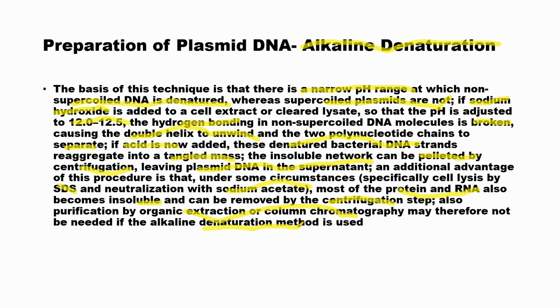The pure plasmid DNA will remain in the supernatant, and we don't have to go for further purification by organic extraction or column chromatography. Clear? That is about the first method, preparation of plasmid DNA by alkaline denaturation based on conformation.